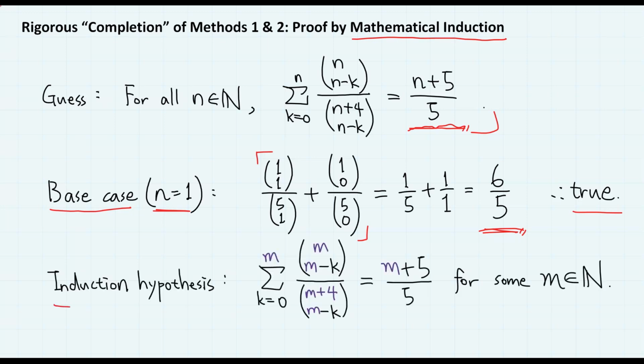Next, we have the induction hypothesis, which is that for some natural number m, the summation k from 0 to m of m choose m minus k divided by m plus 4 choose m minus k is equal to m plus 5 over 5.